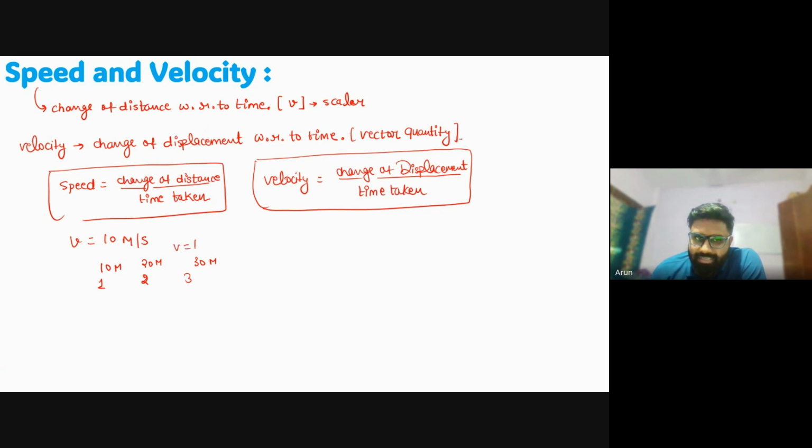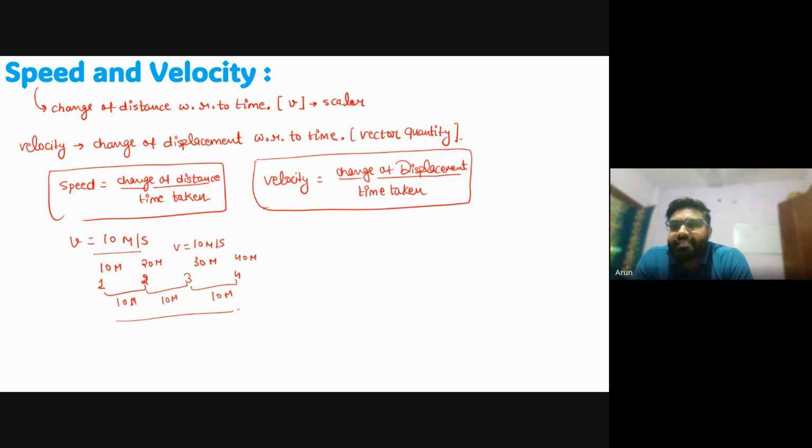Speed is 10 meters per second. In the fourth second, it is 40 meters and the speed is the same, which means in each and every second the distance traveled by this particular object is the same. You can see it. Okay. So we can say that this speed is not changing with time.